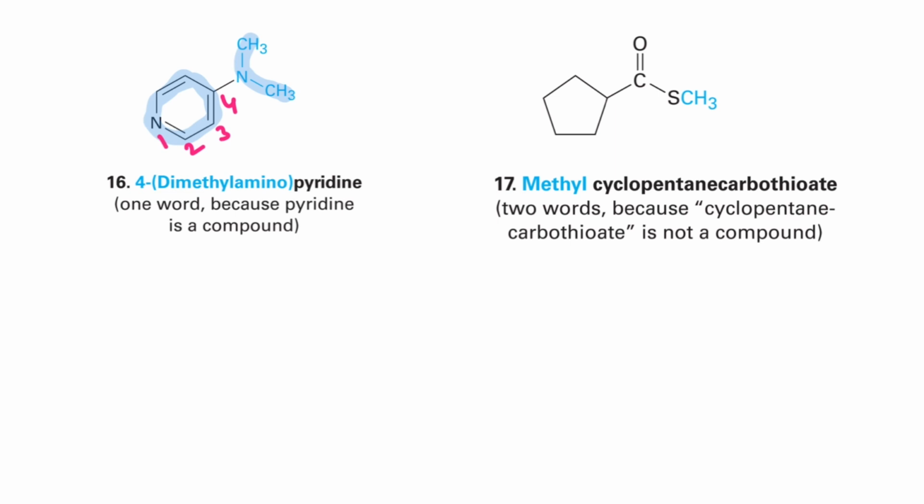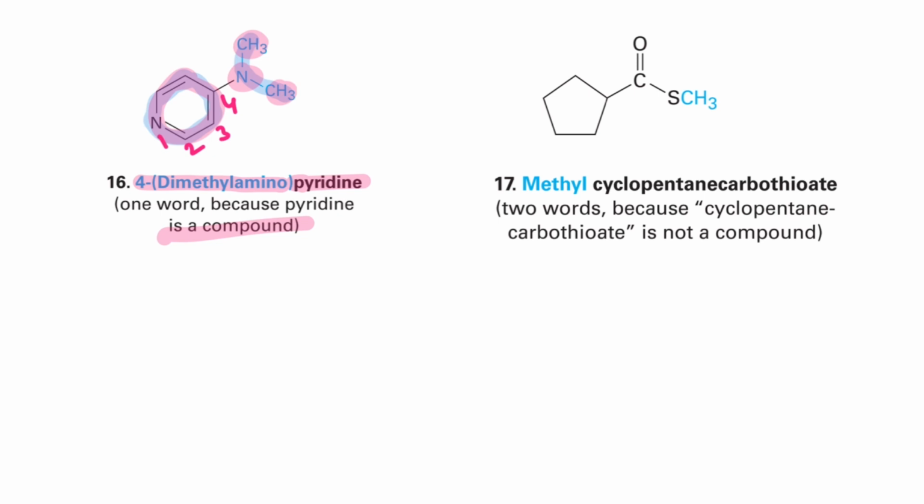Therefore it is called 4-methyl, at the 4 position we have dimethylamino. This is called pyridine. Therefore, pyridine. One word because pyridine is a compound.